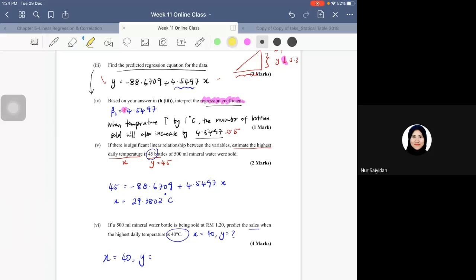What value do you get? All you have to do is substitute over here x equal to 40, and you will get the value of y.